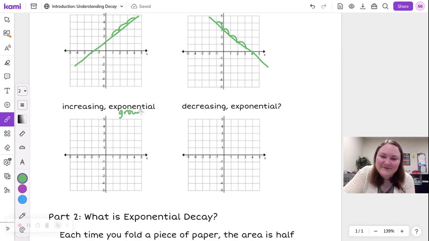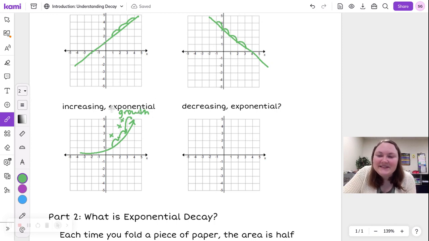And in past lessons, we've seen it looks something like this, where you've got that curve where you're not adding the same number, but maybe you are multiplying by the same amount, and so that gives you that curved graph.